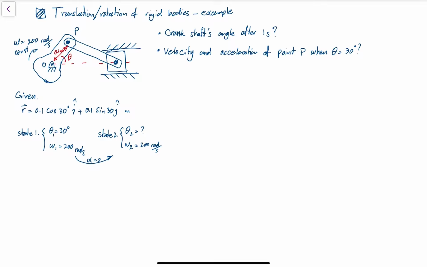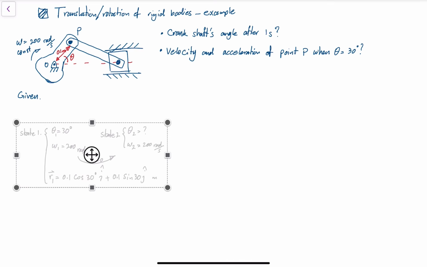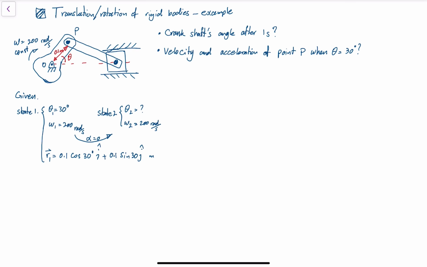What I wanted to do to be more systematic, let's make this a sub part of state 1 because now everything is more logically organized. I likely don't need to know the R2 in state 2 because nobody's asking about that.